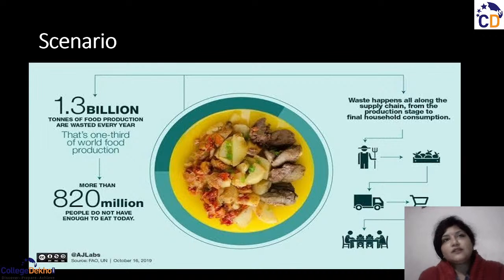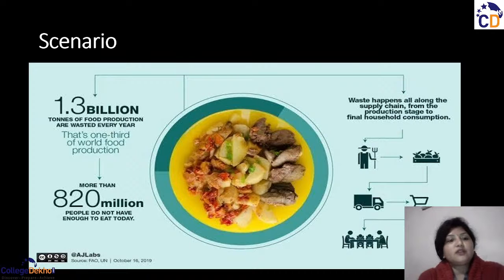I have taken one scenario in which people daily eat food outside, and the restaurant owner is preparing the food, and the problem faced by the restaurant owner is wastage of food at the end of the day. We have seen 1.3 billion tons of food production are wasted every year, right?